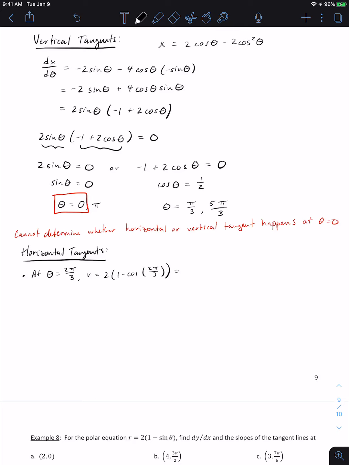Cosine at 2 pi over 3 is going to be negative 1/2. So I get 2 times 1 plus 1/2, what do I end up getting here? I end up getting 3/2 times 2, so this gives me 3. So that corresponds to the point 3, 2 pi over 3.